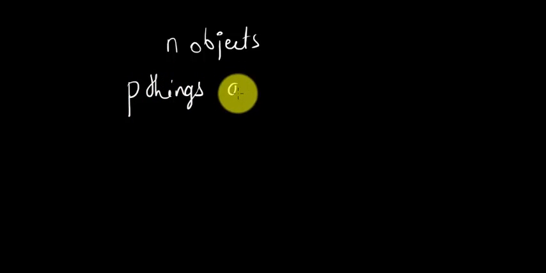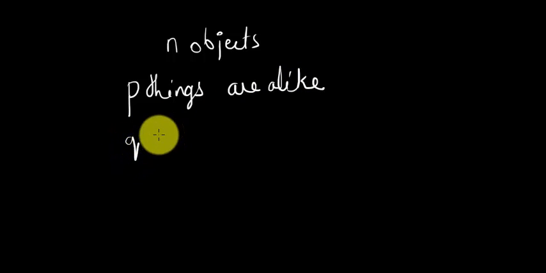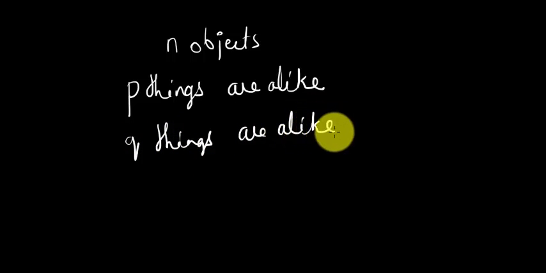Let's simply say there are n objects, and among these n objects there are p things which are the same or alike, and another set of q things that are alike. I'm also putting a condition that p plus q is equal to n, which basically means that there are no other elements. There are only p's and only q's.